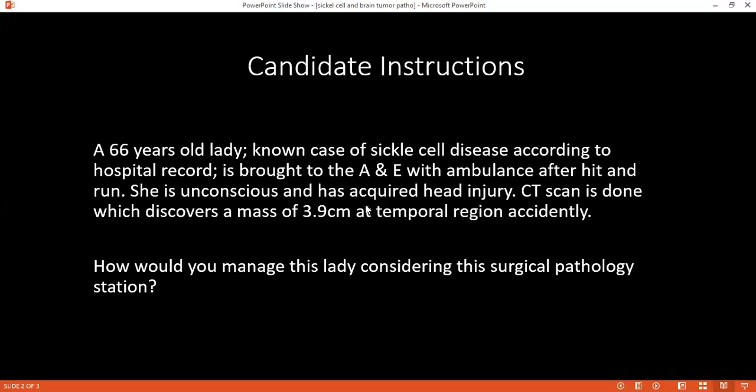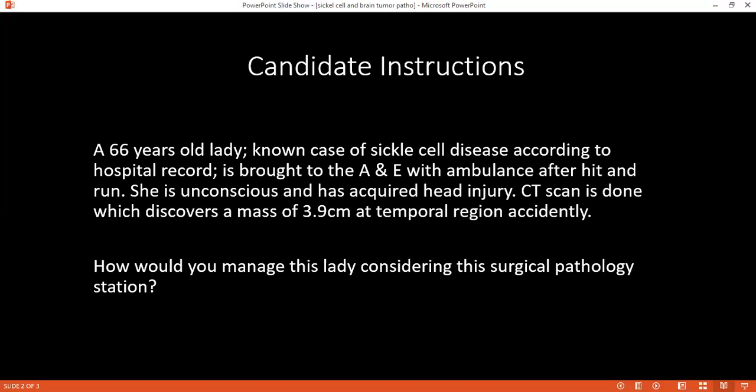So this patient has come in A&E and is unconscious. What would you do? And all of a sudden you have come across that the patient has a mass. Would you treat or manage the mass, which was an accidental discovery, or how would you manage this patient now? At first, I will resuscitate the patient and manage according to the ATLS protocol, assessing the airway and the breathing.